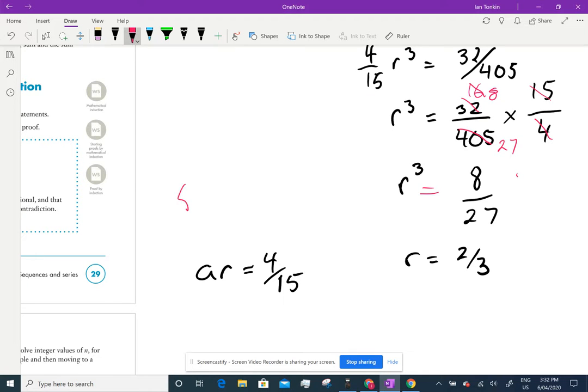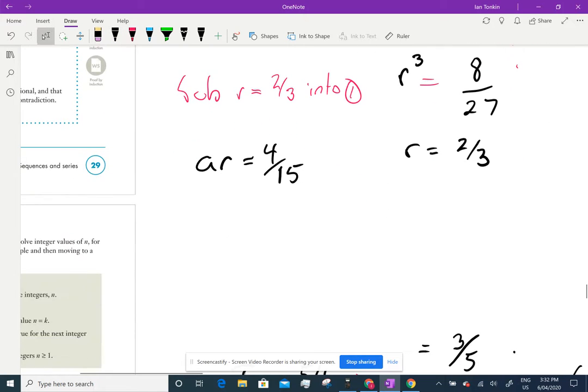So I'm going to sub R equals 2/3 into equation number 1, and I'm going to get A times 2/3 equals 4 on 15.